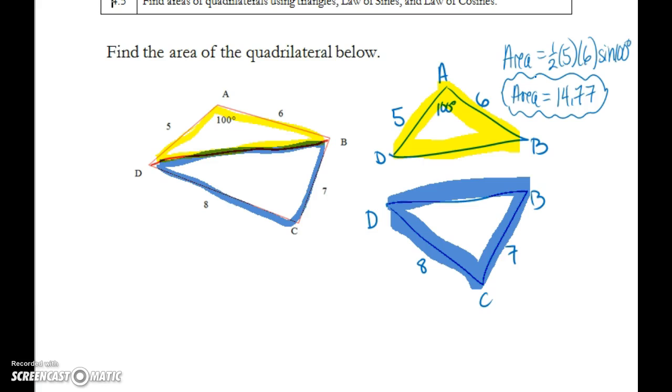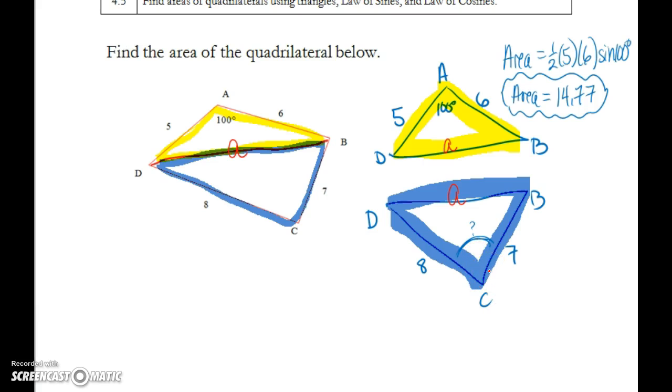So to find the area of the blue triangle, we need to know the measure of angle C. But we don't have enough information to find the measure of angle C. However, if we find side DB, let's call that little a, because it's across from angle A, the overlapping side, we can transfer that measurement from the yellow triangle to little a in our blue triangle.